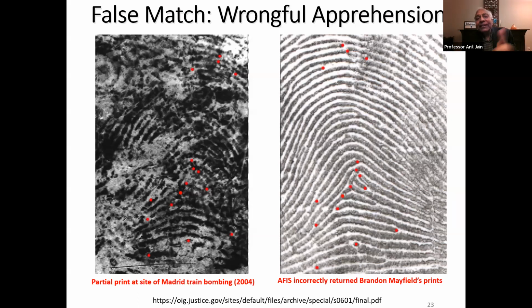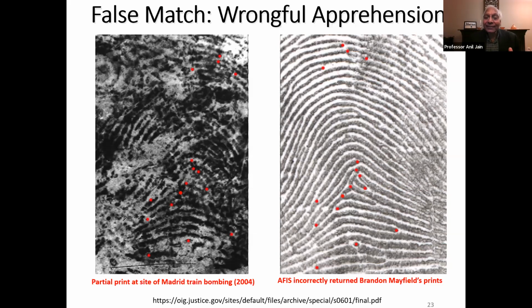Typically, a forensic expert is supposed to evaluate this match, but apparently that procedure was not followed, and the FBI agents went to Brandon Mayfield's house, who lived in Oregon. Brandon Mayfield said, well, I never left the state. I was always in the United States. And the FBI said, well, fingerprints do not lie. And they put him in jail for 2 weeks. Later on, the correct suspect was found, and this led to a lot of investigation.